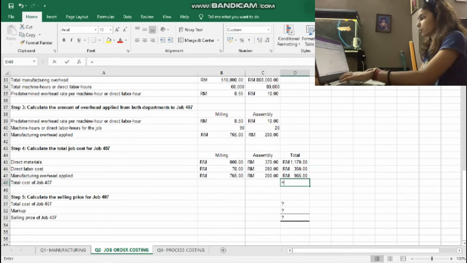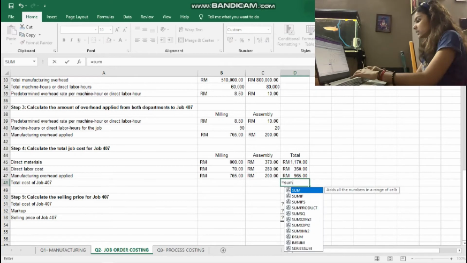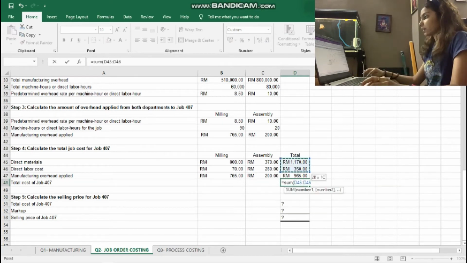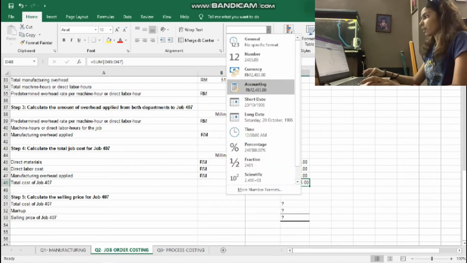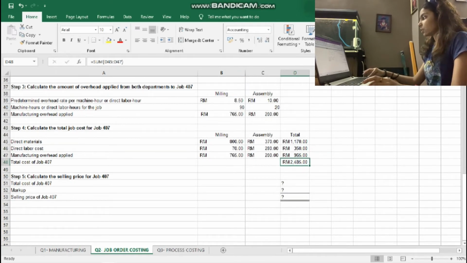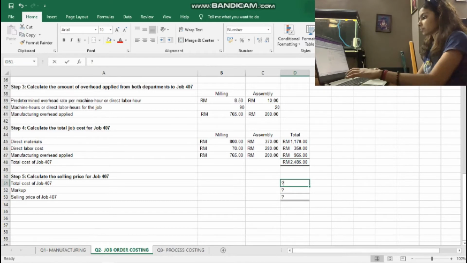So now we have to total all these three. Sum bracket 3 of this, we will get 2,485 ringgit. Okay, so the last step, calculate the selling price for job 407. So total cost of job 407, we have the amount here.